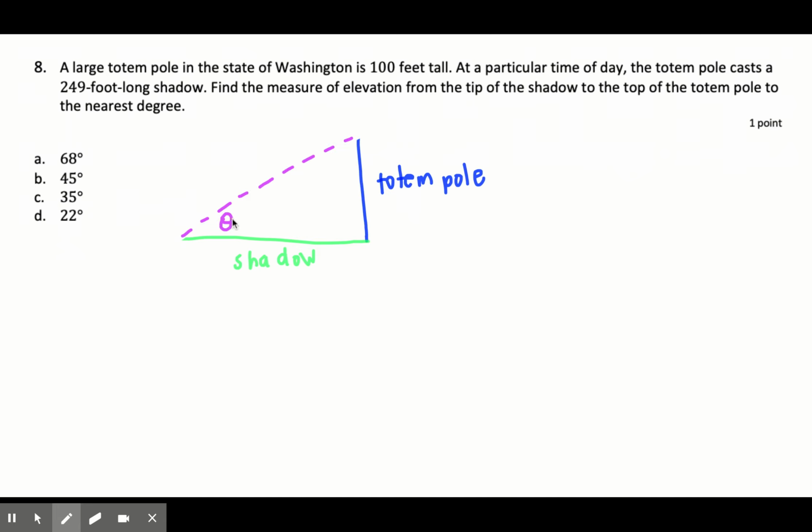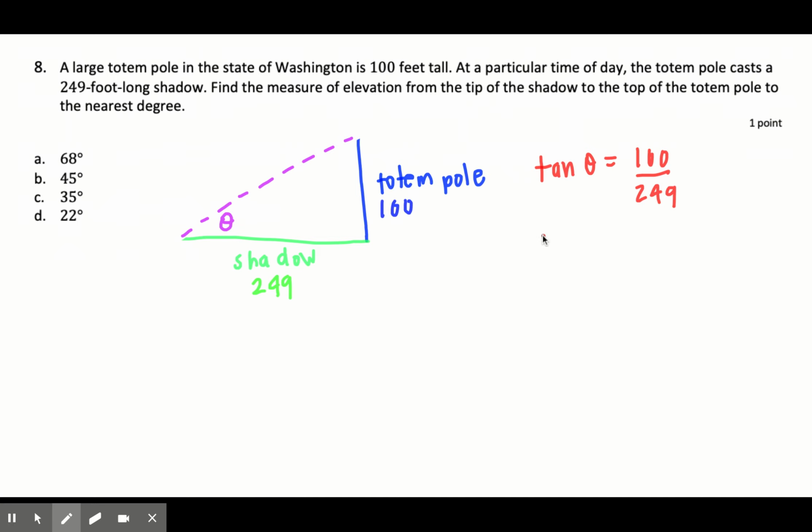So it says the totem pole is 100 feet, so we'll mark that. And the shadow is 249. So then that's tangent, because the totem pole is opposite and the shadow is adjacent. So tangent of theta equals opposite over adjacent.